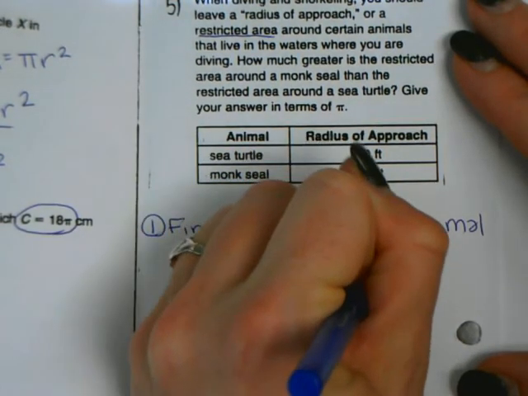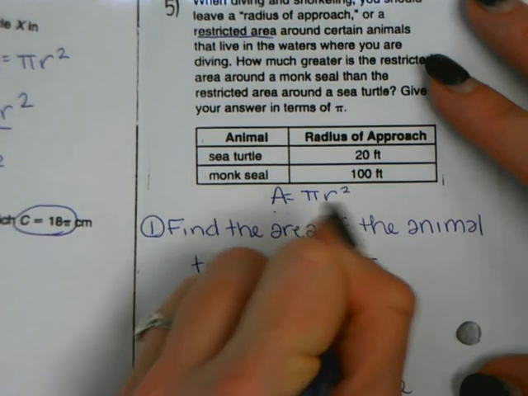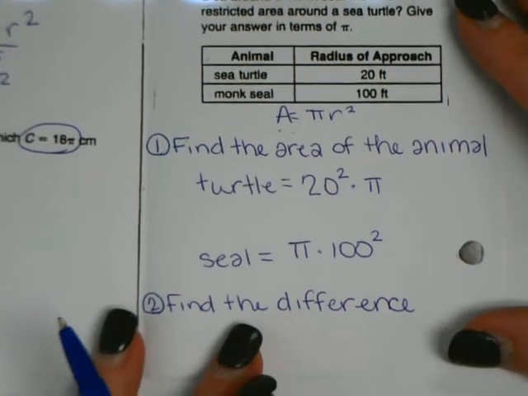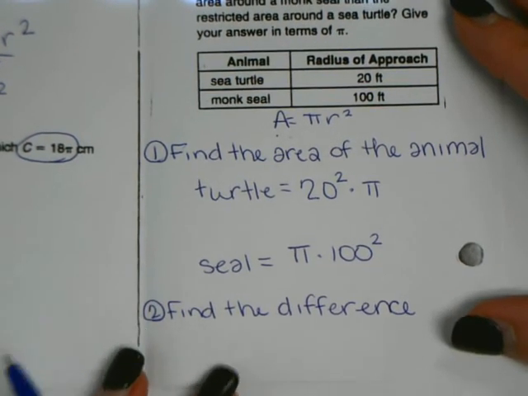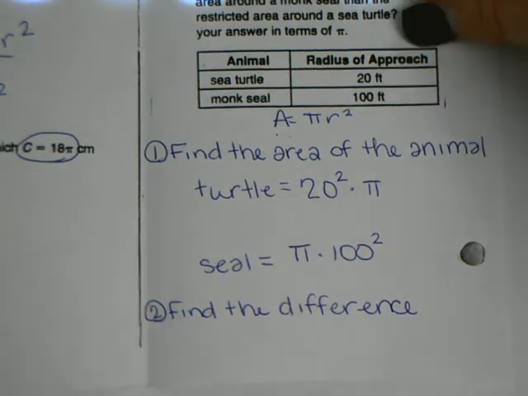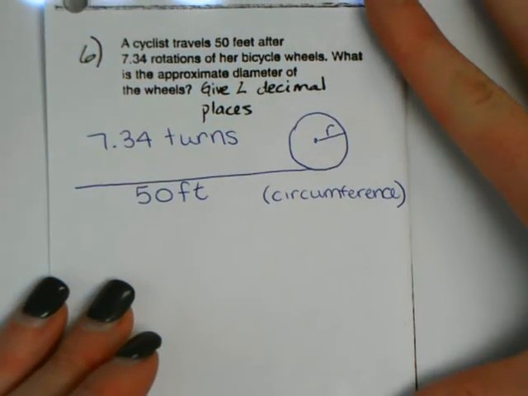Find the area for the turtle: that's 20 squared times pi. Find the seal: pi times 100 squared. I can write it either way. Once you do that, you're going to need to find their difference. Then go back and make sure that you're answering the question they asked. I'm going to be asking you that same question when you get to class tomorrow.